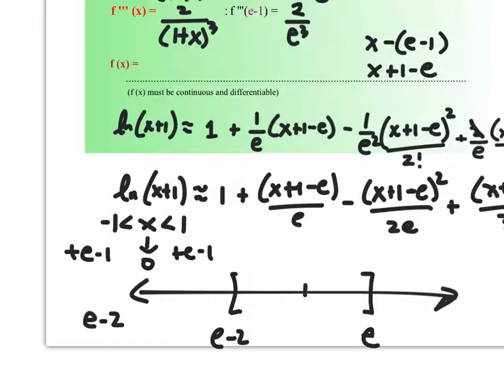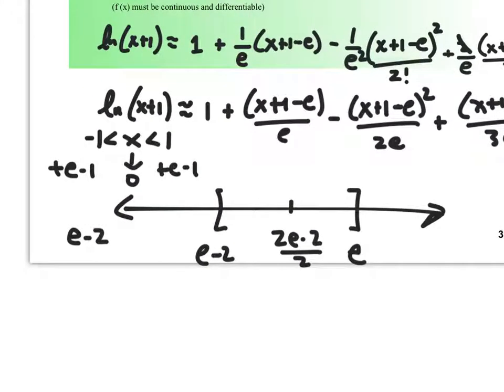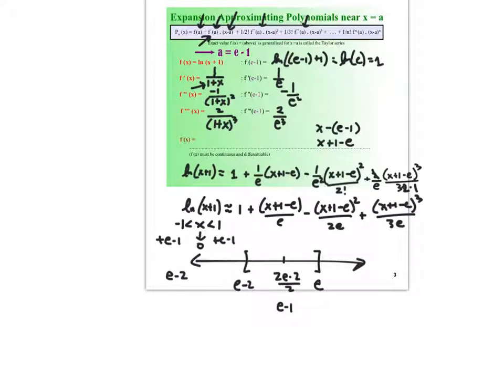So the center of my interval of convergence would be whatever that is, 2e minus 2 over 2, right? Which would be e minus 1. Oh, there you go. Look at that. Interesting. Did you learn something? That's where it's centered at.